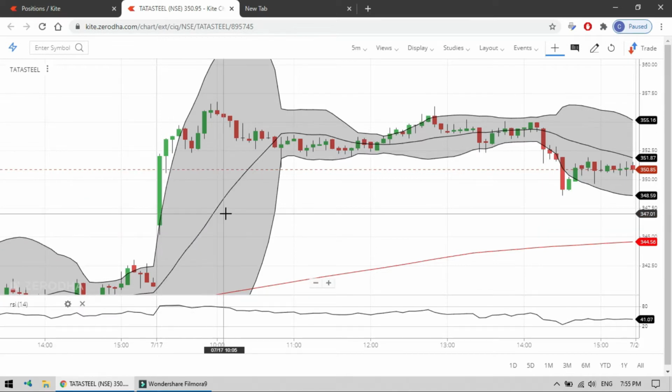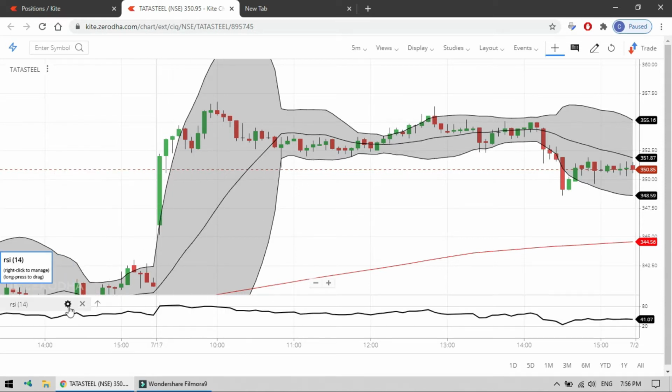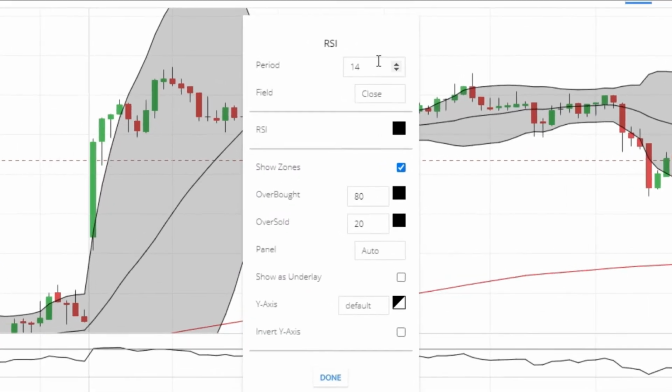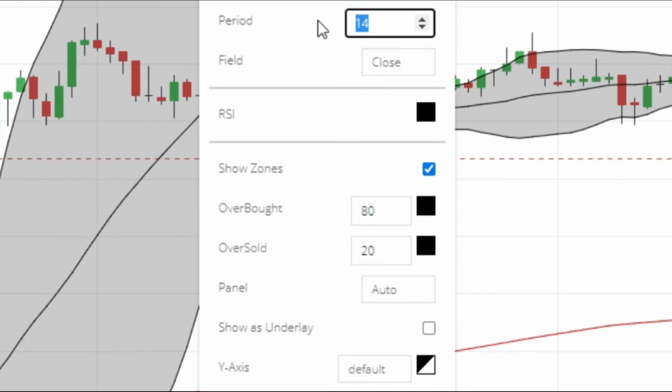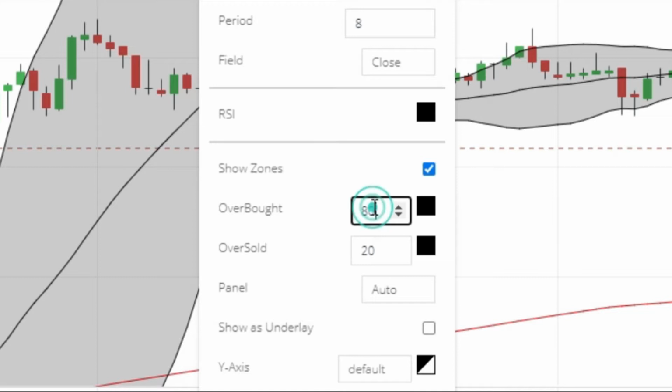Since I am doing this for intraday purposes, I'm customizing it by clicking on the settings, reducing its period from 14 to 8, and the overbought percentage from 80 to 70, and increasing the oversold percentage from 20 to 30.